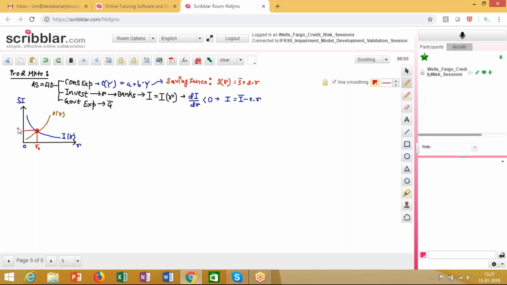This is where the economy is. So you have the equilibrium rate of interest, and what you also have is the equilibrium savings.